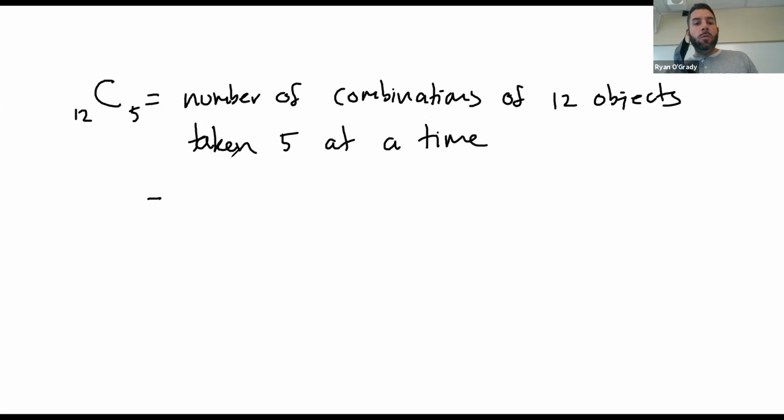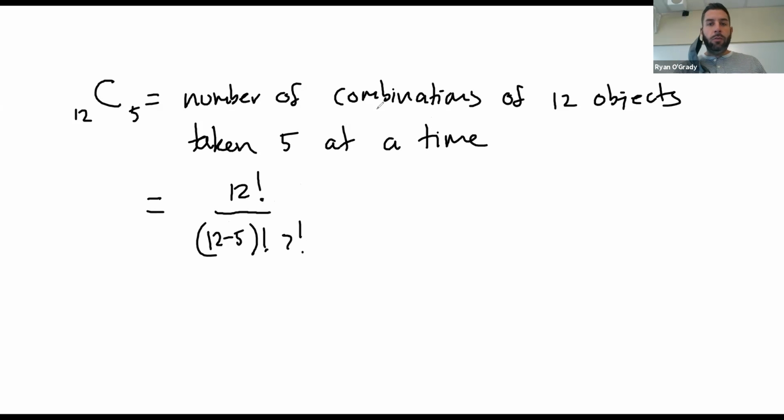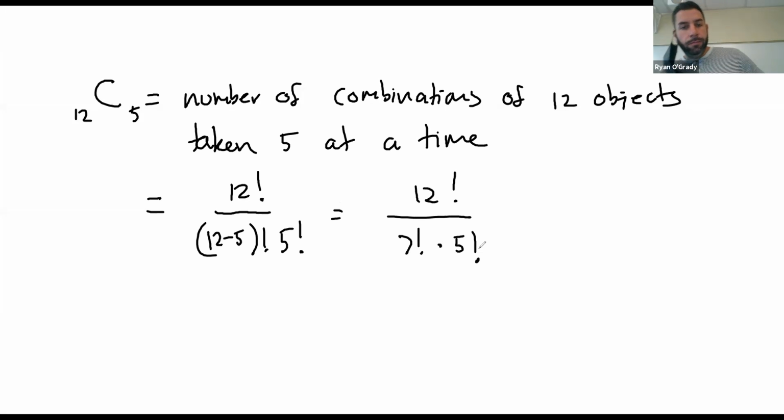So this is equal to, by the counting rules, 12 factorial over 12 minus 5 factorial times 5 factorial. And this simplifies to 12 factorial divided by 7 factorial times 5 factorial.